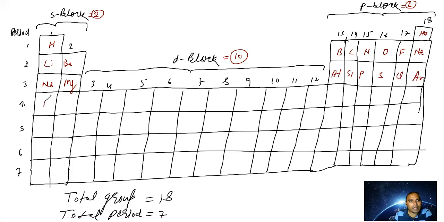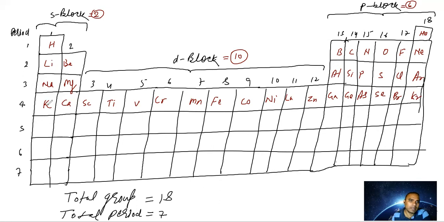Here you see potassium, calcium, scandium, titanium, vanadium, chromium, manganese, iron, cobalt, nickel, copper, zinc, gallium, germanium, arsenic, selenium, bromine, and krypton. The remaining you can fill out.